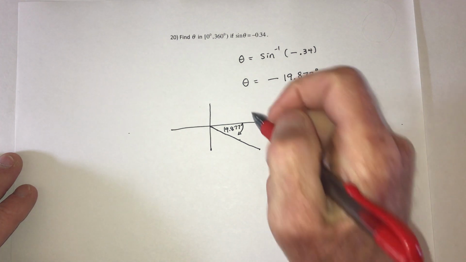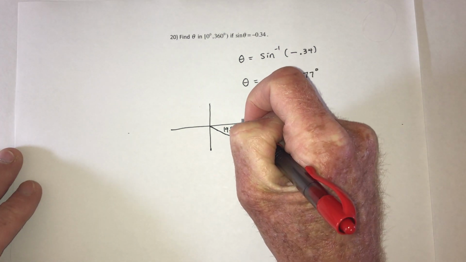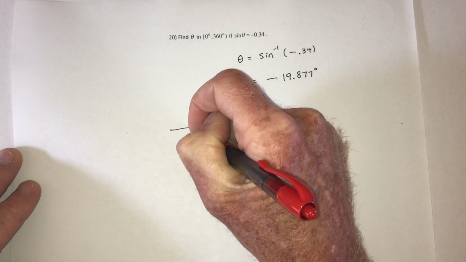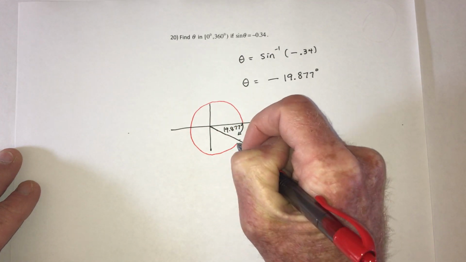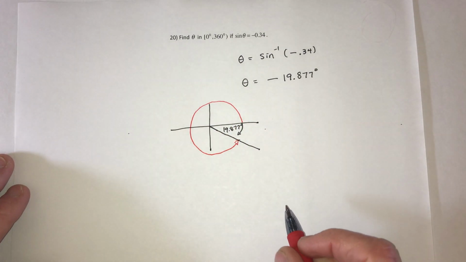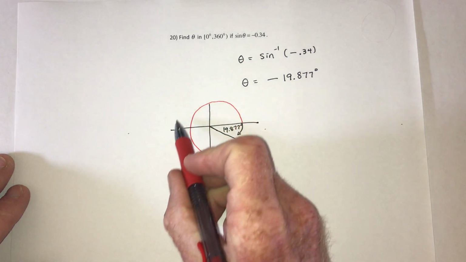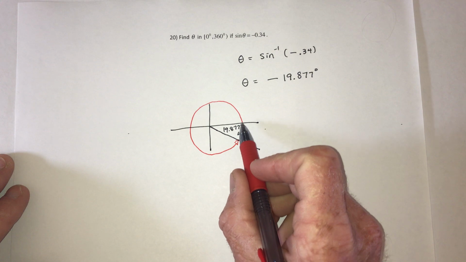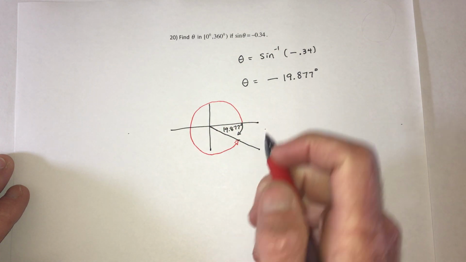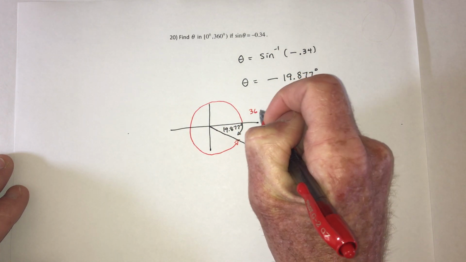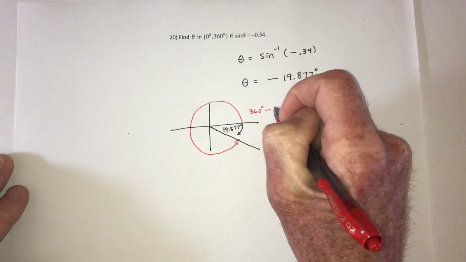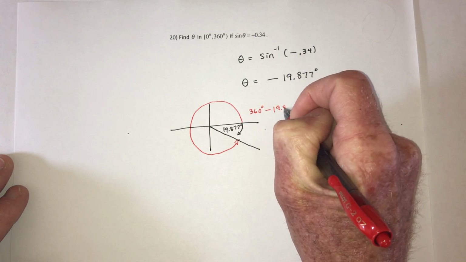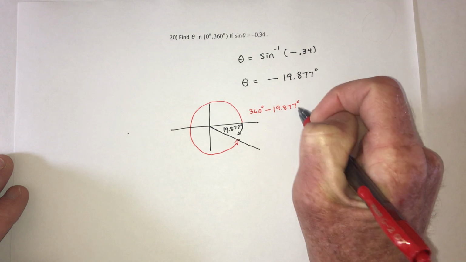For a positive answer, you need to start on the x-axis and go this direction, and then get to the same place. Well, in order to get this red part, if you go around a circle once, that's 360 degrees. So this red part right here is going to be 360 degrees minus 19.877.